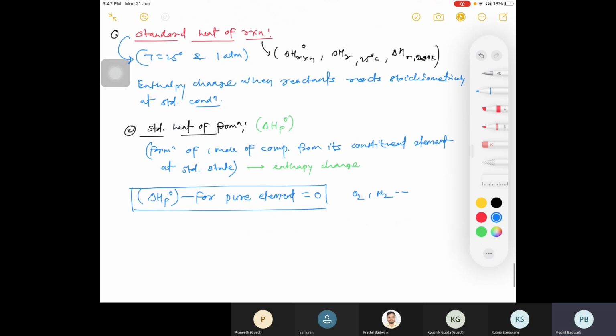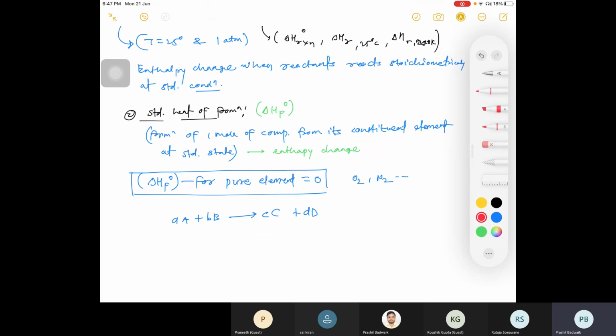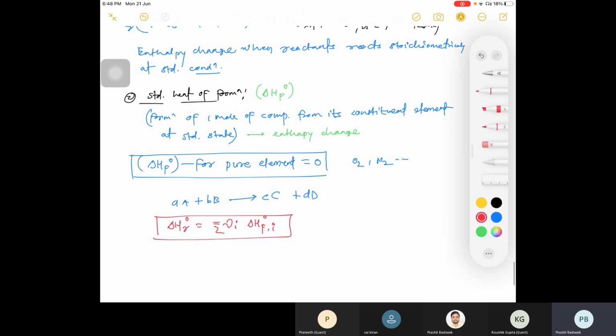Now suppose for a reaction aA plus bB giving you cC plus dD, what is your standard delta H reaction? It is the summation of nu i into delta HF i. This is a shortcut.